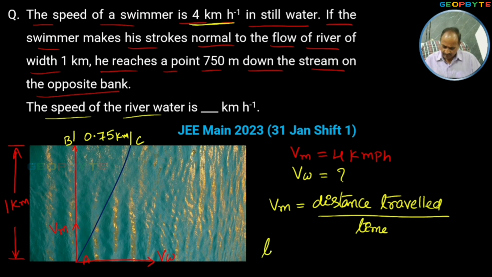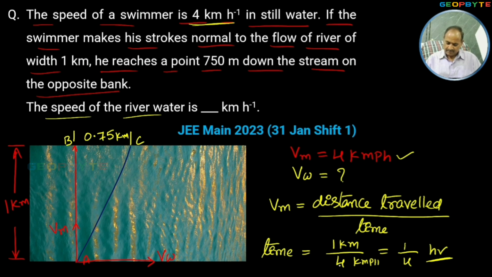Here the distance traveled is the width of the river only, that is 1 kilometer, divided by the speed of the man, 4 kmph. So the time taken is 1 by 4 hours.